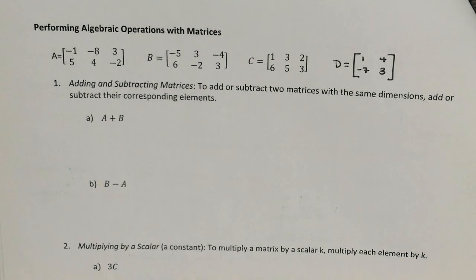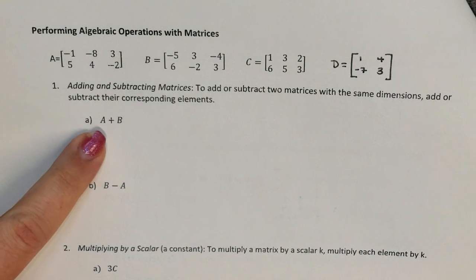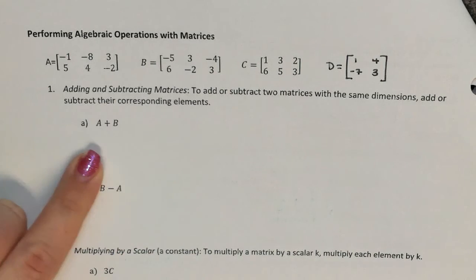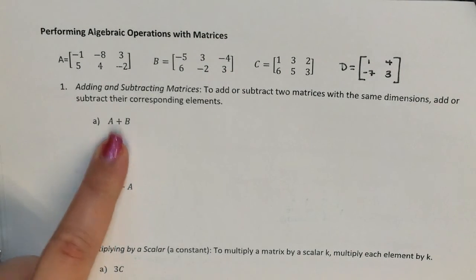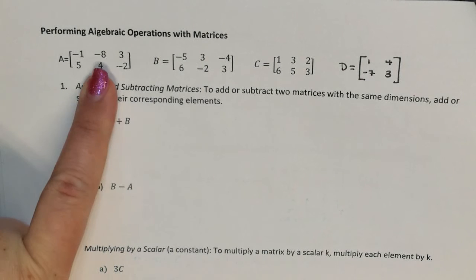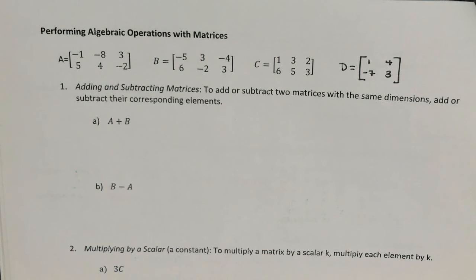So here we added in a fourth matrix. Sometimes when you are given a matrix, it'll actually write out a matrix A plus a matrix B. Sometimes it will give you a list of matrices, and then the problems will look like A plus B, and we'll have to write it out. So we're going to write this problem out with matrices.